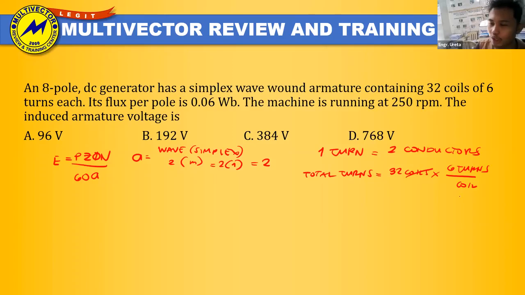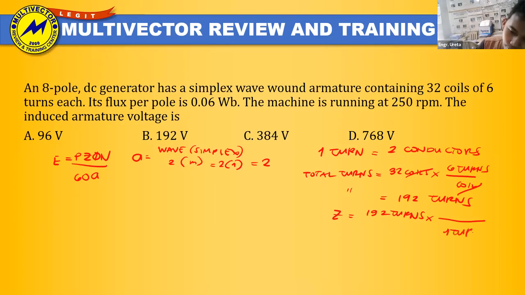So magka-cancel yung coil. Ang number of turns natin is 192. So para makuha natin yung total conductors, total conductors is the total number of turns, which is 192 turns. Convert nyo to conductor. One turn, kailangan mo ng dalawang conductor. Kaya lalabas is 384 conductors.